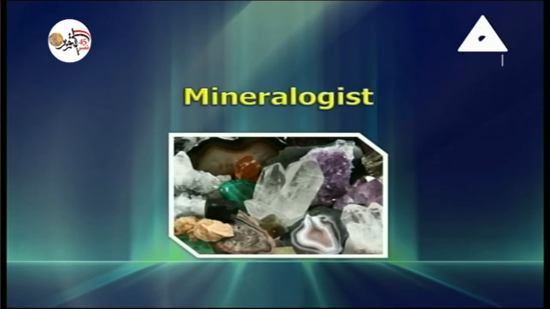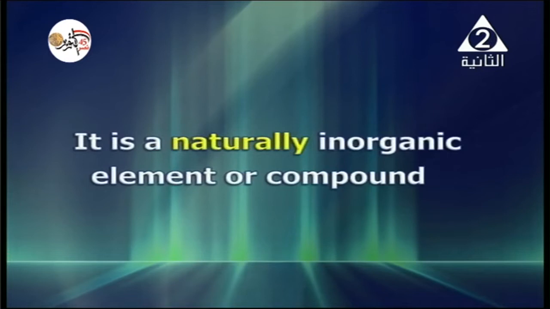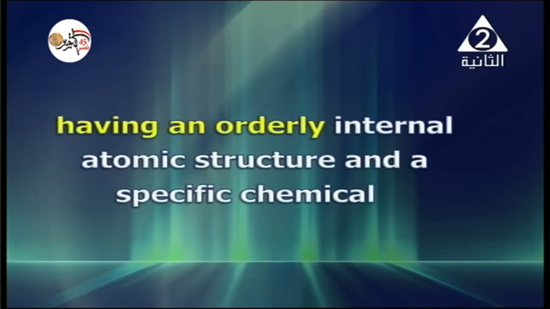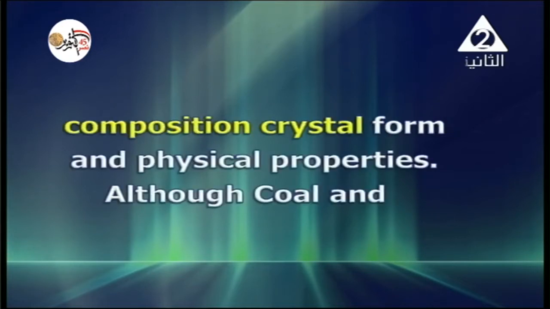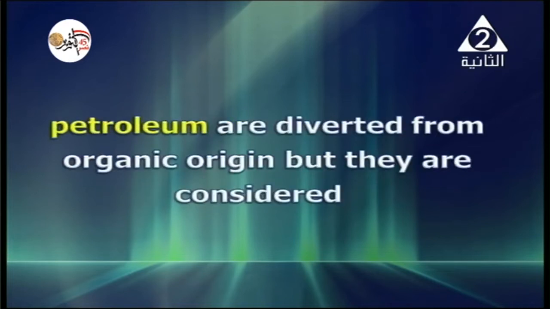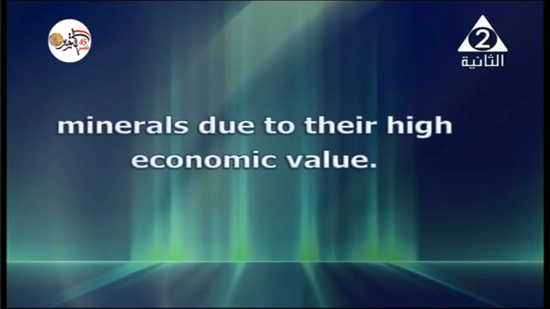From the point of view of mineralogists, it is a naturally occurring inorganic element or compound having an orderly internal atomic structure and a specific chemical composition, crystal form, and physical properties. Also, coal and petroleum are derived from organic origin, but they are considered as minerals due to their high economic value.